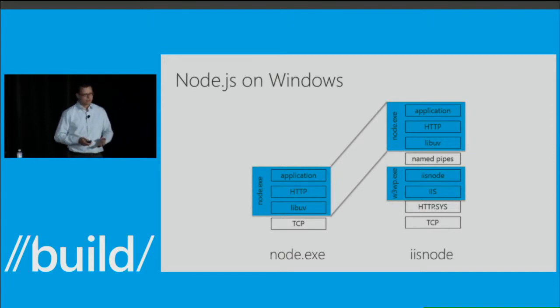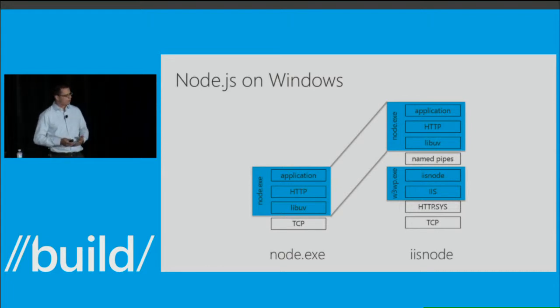So on a typical multi-core machine, you would have to spawn multiple instances of node.exe process to fully saturate the CPU. And in fact, this is a known pattern in Node.js application development, whereby you are using the built-in cluster module in Node.js to spawn multiple child processes and allow the operating system to load balance the incoming TCP connections between these processes in order to fully saturate the server.